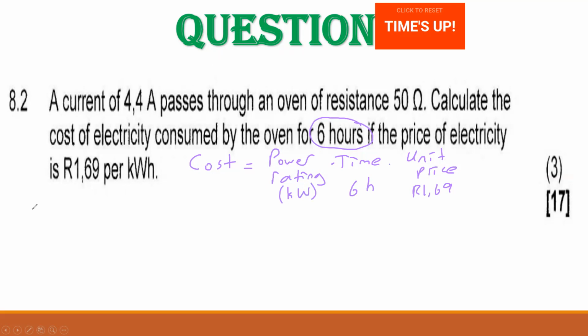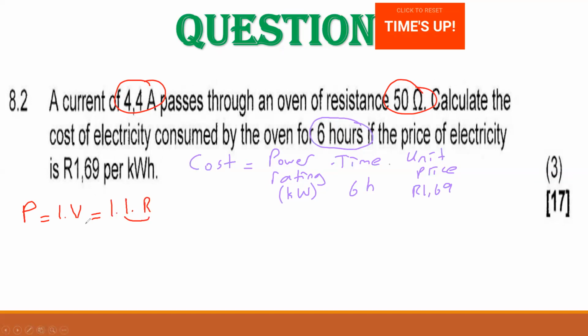Okay, so let's remember power equals current times voltage. But I don't know the voltage, but I know current, I know resistance. So for voltage, from Ohm's law, I know voltage is equal to I times R, right?